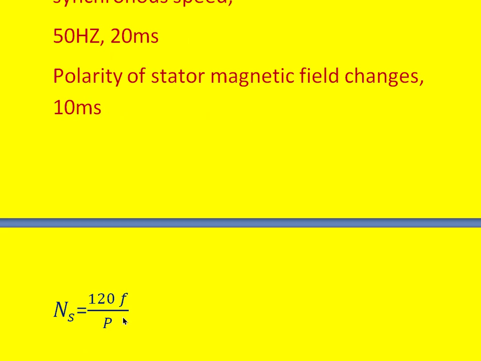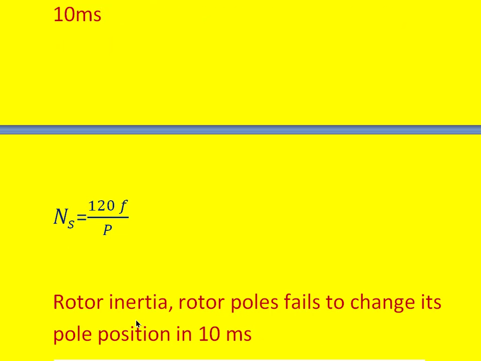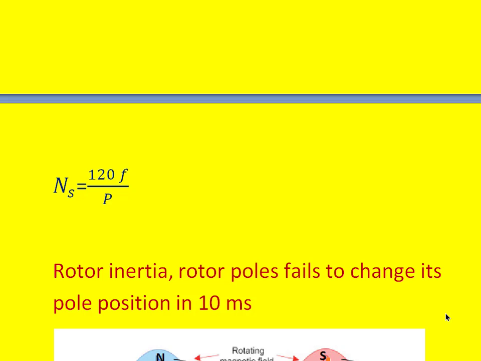The synchronous speed of the synchronous motor is given by Ns = 120 F by P, where F is the supply frequency, P is the number of poles on the stator and Ns is the synchronous speed. Another keyword that I am going to use is rotor inertia, that is also rotor weight. The rotor poles fail to change their position within 10 milliseconds.